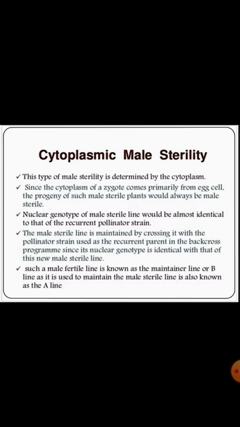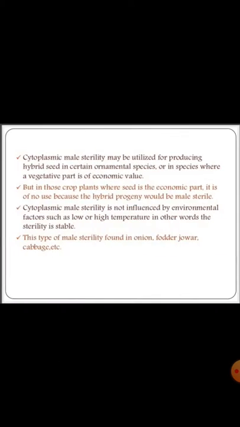The progeny of such a male sterile plant would always be male sterile. The nuclear genotype of the male sterile line would be almost identical to that of the recurrent pollinator strain. Such male sterile lines are known as line A, and line B, as it is used to maintain the male sterile line, is known as the maintainer line.